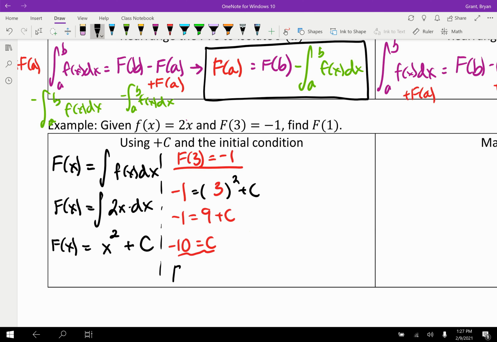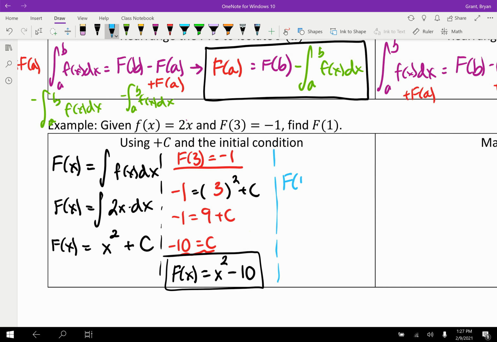And now we have a fully updated capital F of x formula, x squared minus 10. Once we have that formula that meets the initial condition, now we can actually solve for capital F of 1. Capital F of 1 just means replace the x with 1. It looks like we get 1 minus 10, so F of 1 ends up equaling negative 9. And there we go.